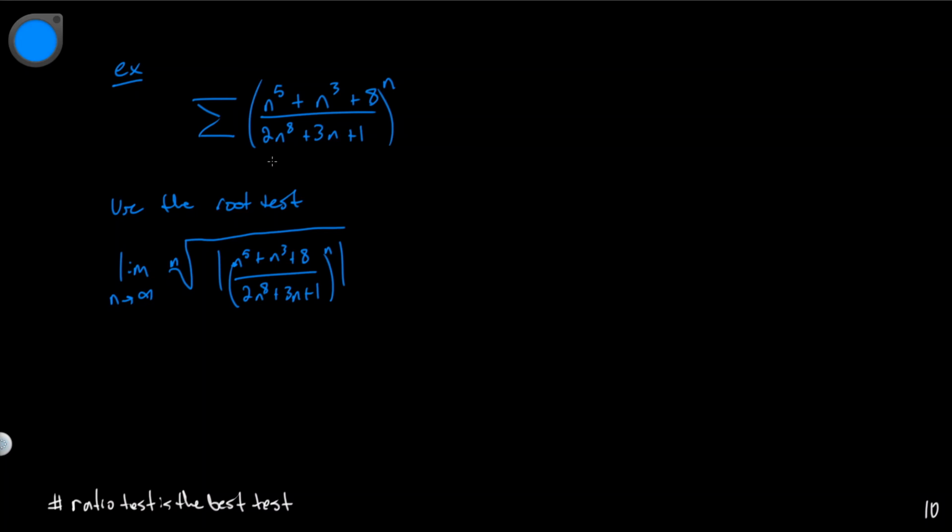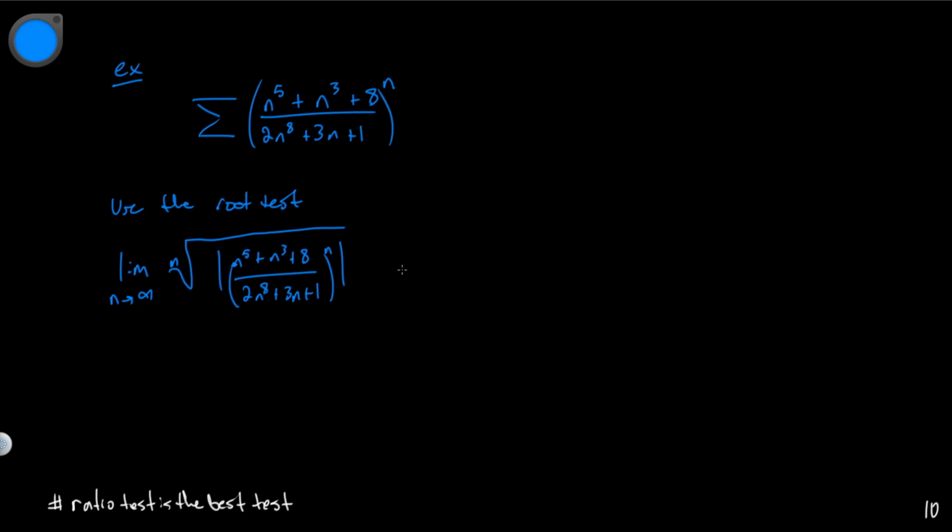I might add real quick that the nth term test tells us that this thing converges to 0, so it may or may not converge or diverge. If this was not 0, then it would diverge, we would have been done. All right, think about the nth term test first, every time.